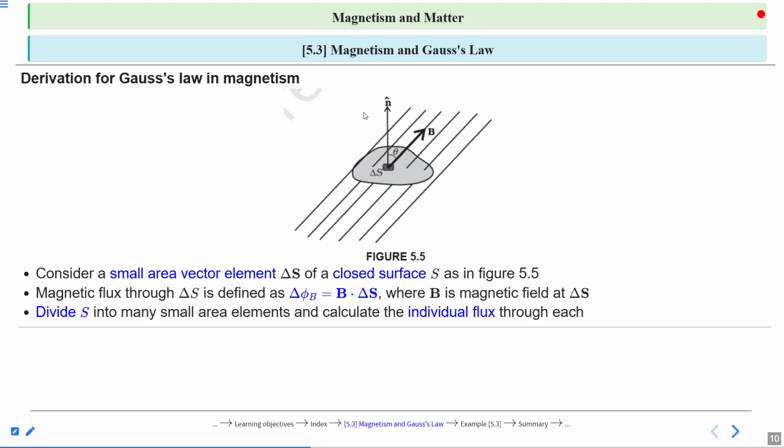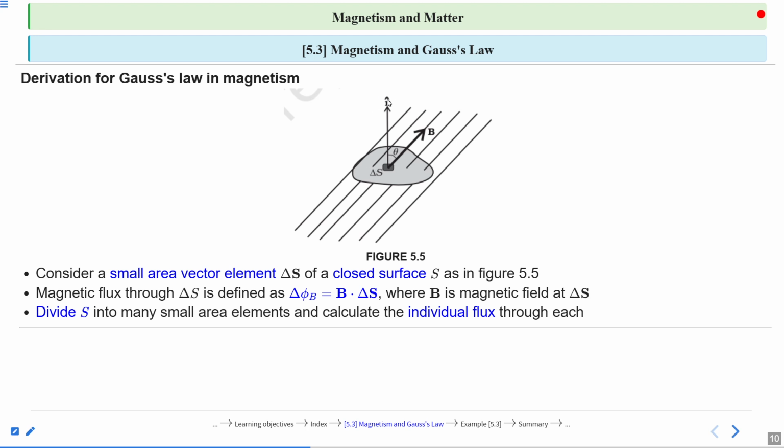The n vector will be different for different elements. If we take delta S here, the direction of the n vector will be somewhere else, not always in this direction, because the surface is irregular. The n vector is always perpendicular to the surface, so it cannot be the same for all the small elements.